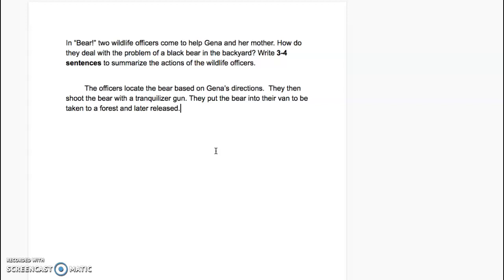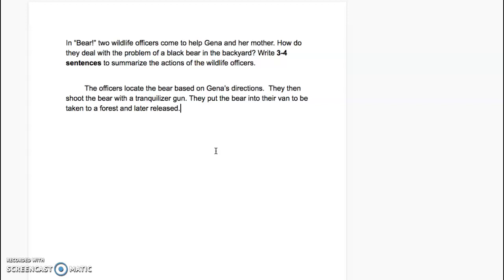How do they deal with the problem of a black bear in the backyard? Write 3 to 4 sentences to summarize the actions of the wildlife officers. So I definitely have 3 sentences. It does talk about how they locate the bear, they shoot the bear with the tranquilizer gun, and then they load it into the van and take it into the forest. So I feel like I have adequately answered the question.